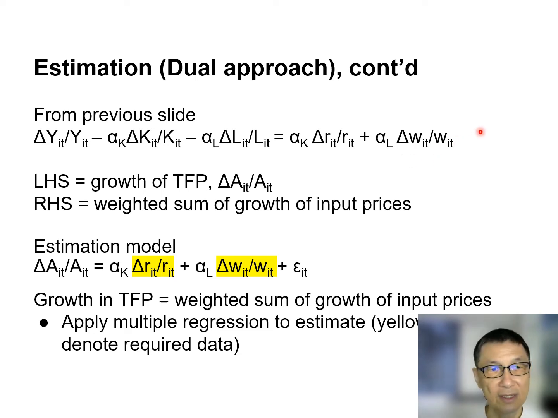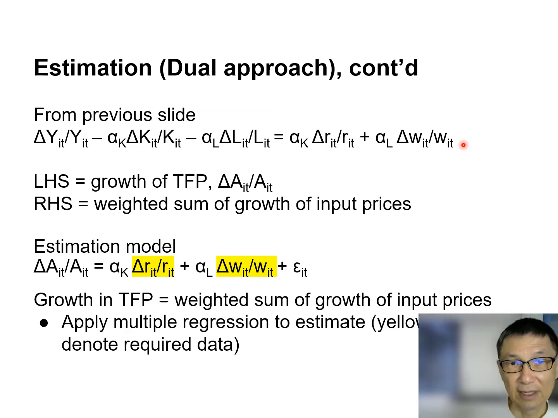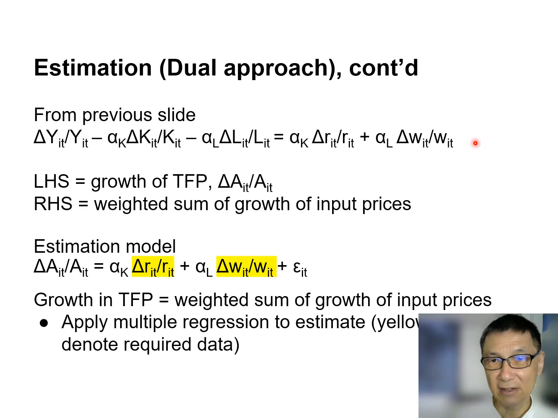So this is the equation that we'll use to estimate TFP growth using the dual method. And just as in the primal method, we would add an error term and then apply ordinary least squares.